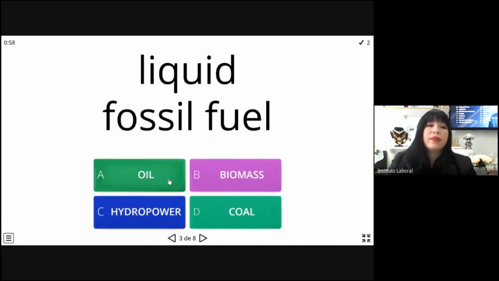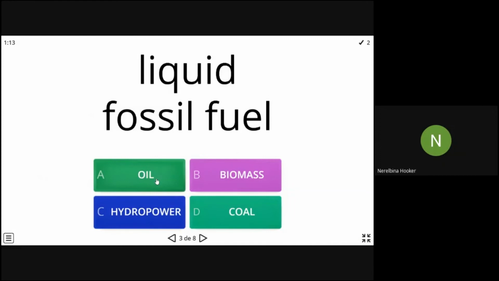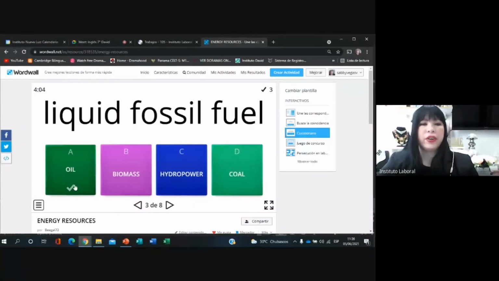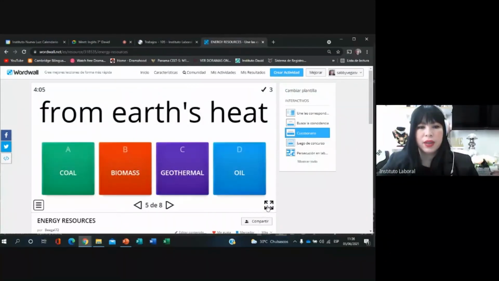It is black. How do you call it? Oil, biomass, hydropower, or coal? Liquid fossil fuel energy. A, oil. Yes, correct. Very good. We did it.